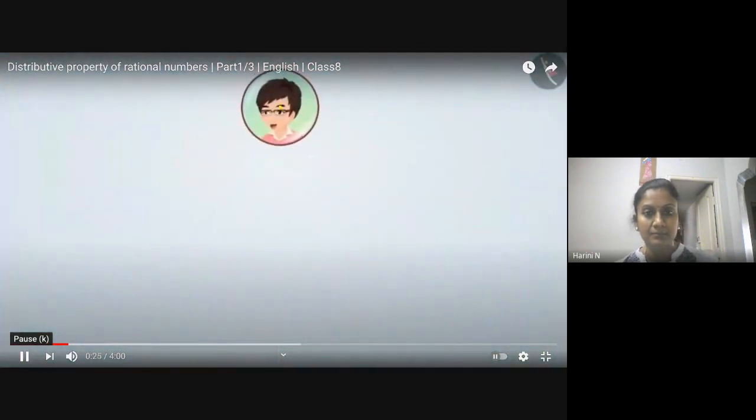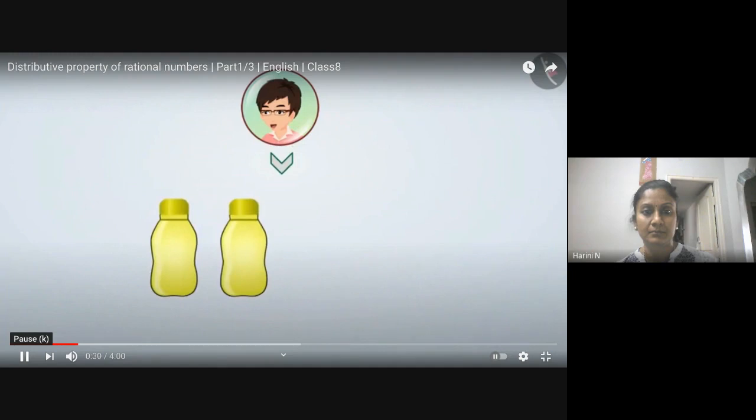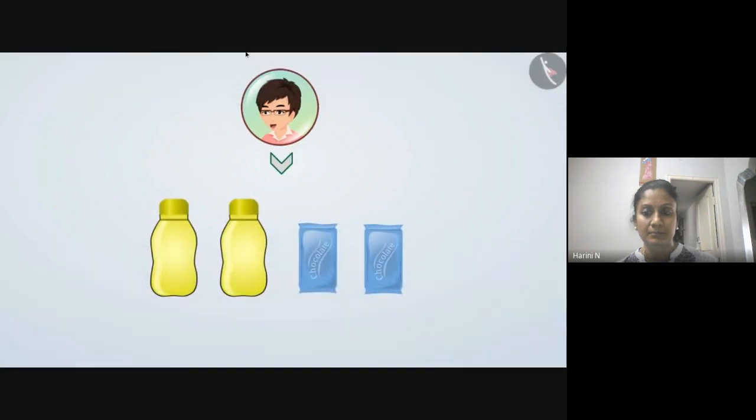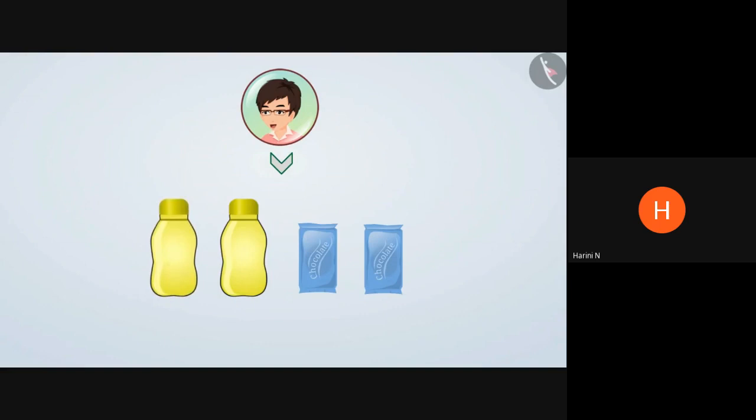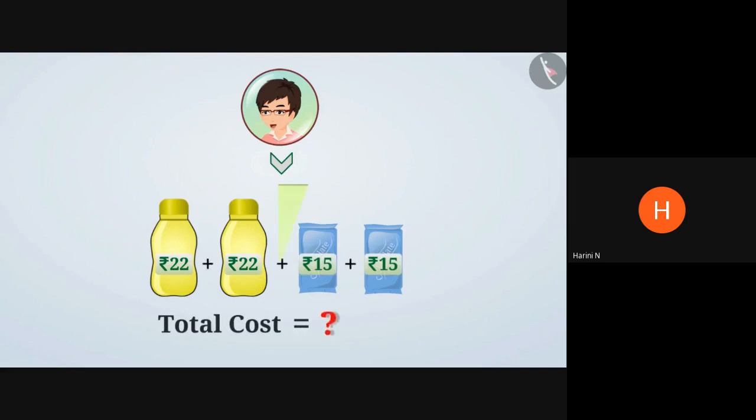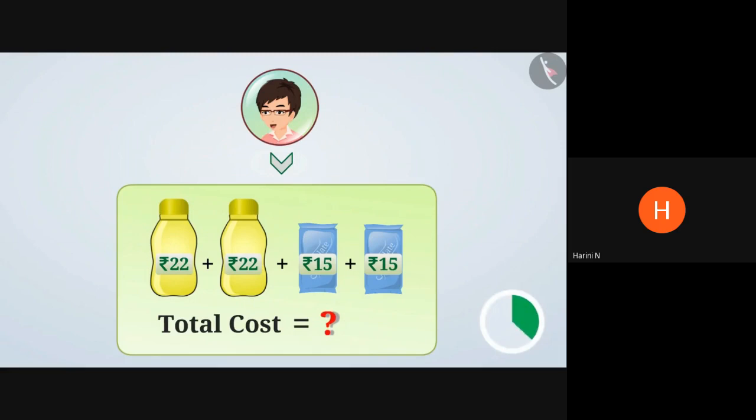Just think, Nishant buys two identical bottles of juice and two identical chocolates from a shop. If a juice bottle costs 22 rupees and chocolate costs 15 rupees, what will be the total value of all the items? Think. Let me tell you, you can find it in two ways.